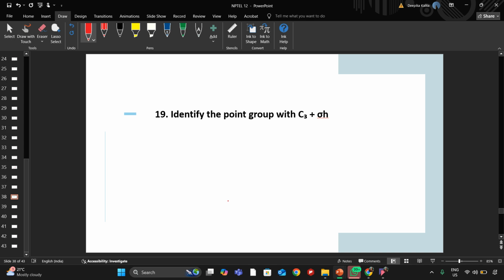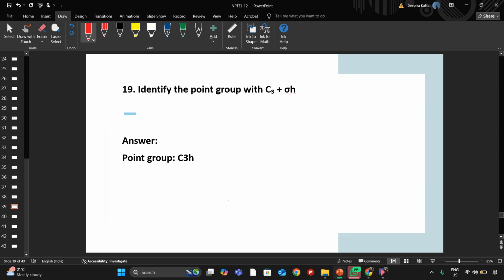In the next question, identify the point group with C3 and sigma h. So I hope it will be easier for you to solve this question now. You just have to take an example the way we took for C2v. For instance, we can take the example of boric acid.